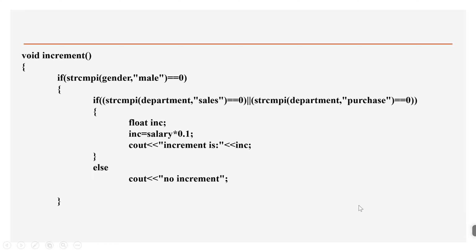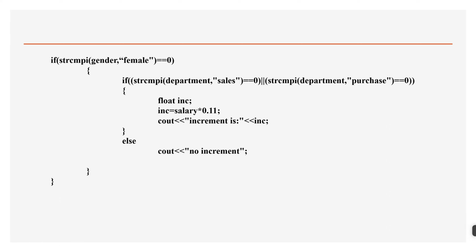See, if the gender is male, if he is belonging to either sales or purchase, then 10% is the increment and display the increment. Whereas if he is a male and he doesn't belong to any of these two departments, then he will not have any increment.